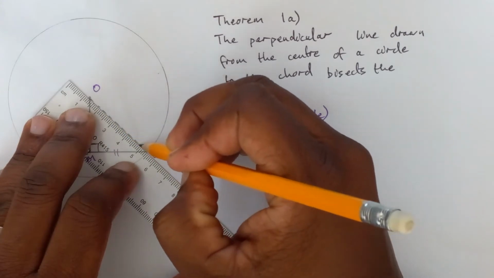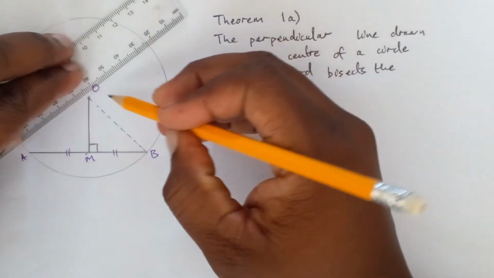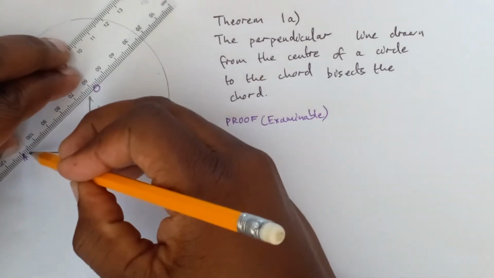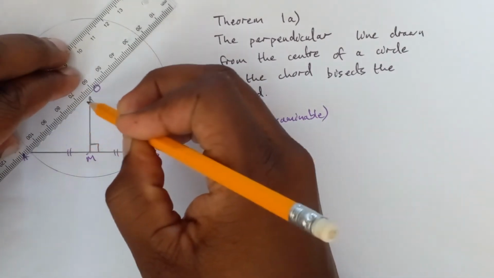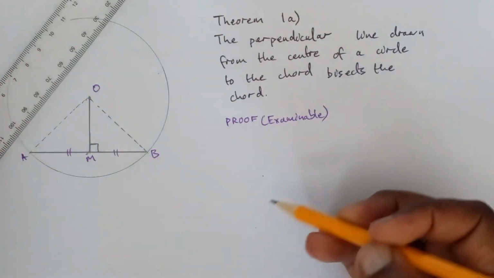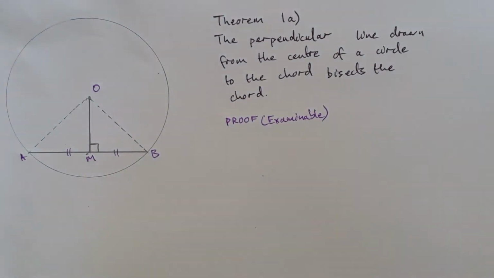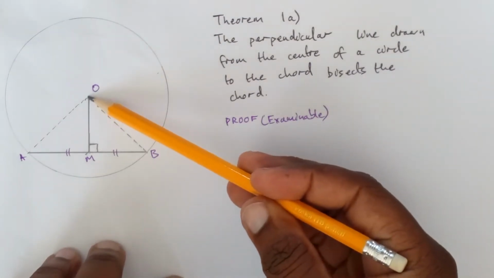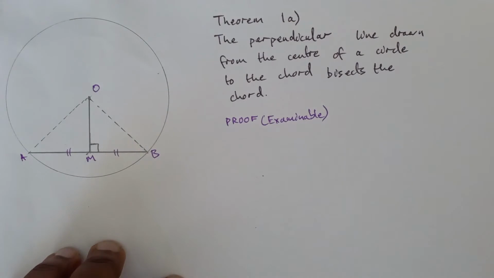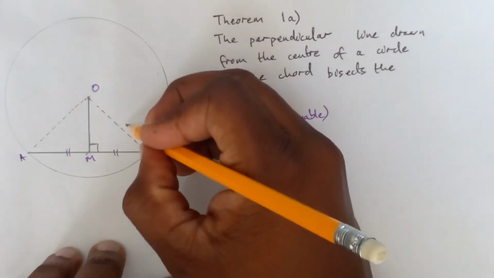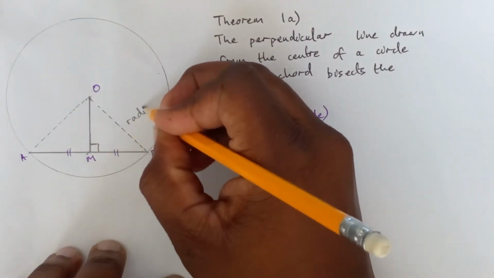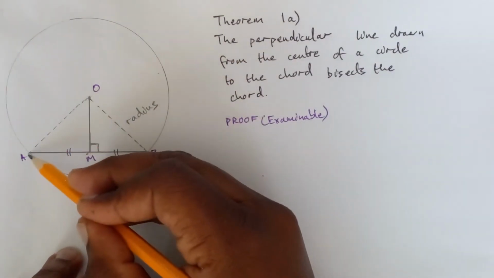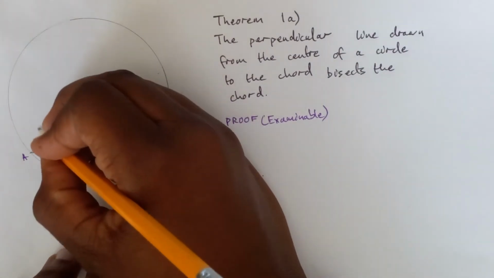Okay, and I'm gonna draw another line from the point O to the point A on the circumference. Okay, why did I draw these lines? Because I think by now we know a line that is going from the center of the circle to any point of the circumference, what do we call that? It's a radius, isn't it? So this OB is a radius, and the line from the center O to the circumference at A is also a radius.